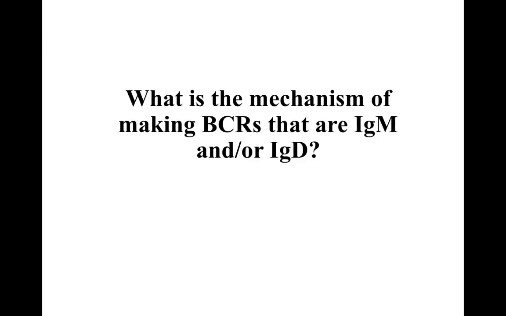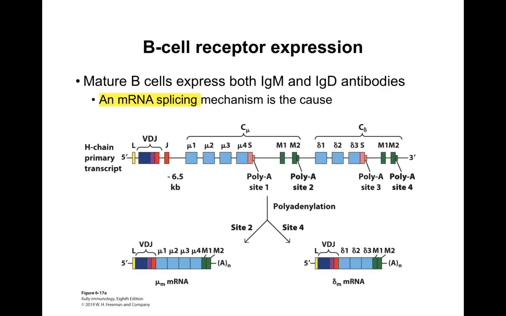What is the mechanism of making B cell receptors that are IgM and or IgD? So IgM or IgD are the B cell receptor. It's the type of immunoglobulin that will go on the surface based on the constant region of that B cell receptor. And it decides if it's going to be an IgM or IgD based on splicing of the mRNA.